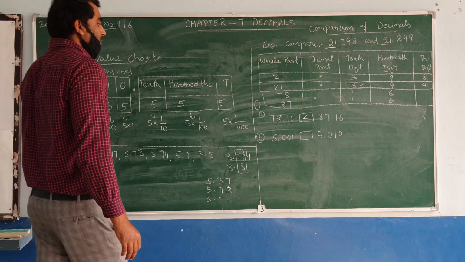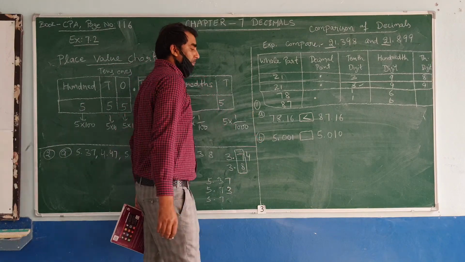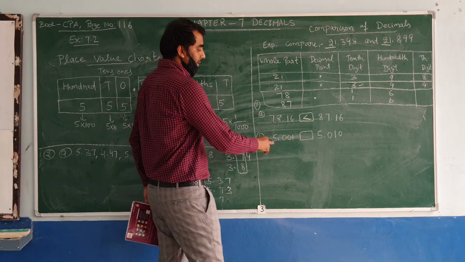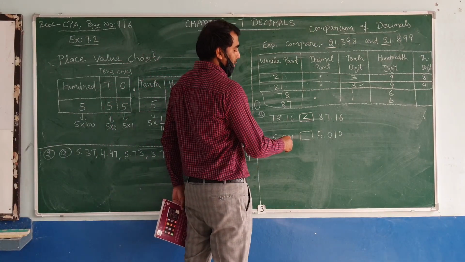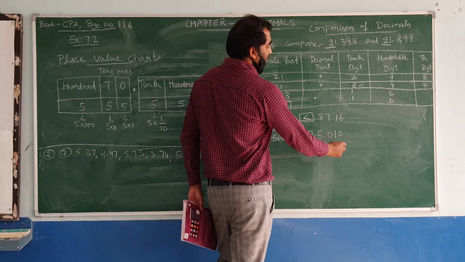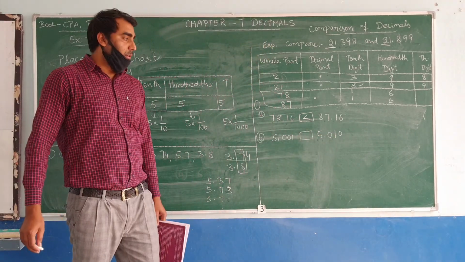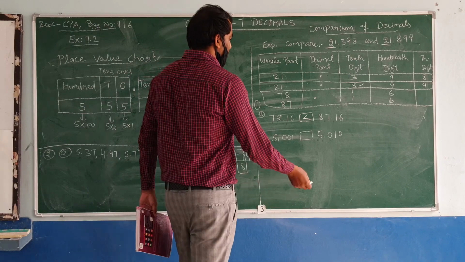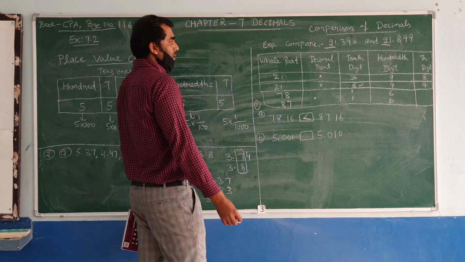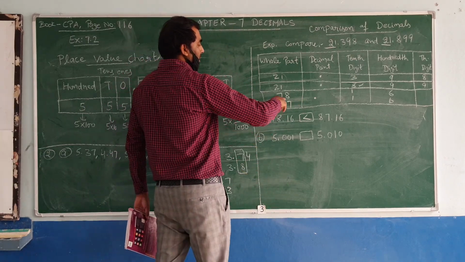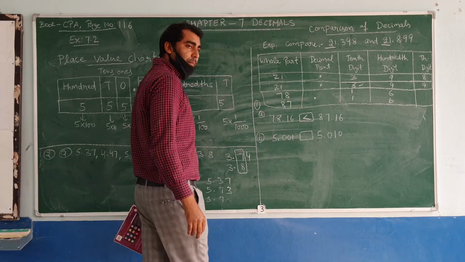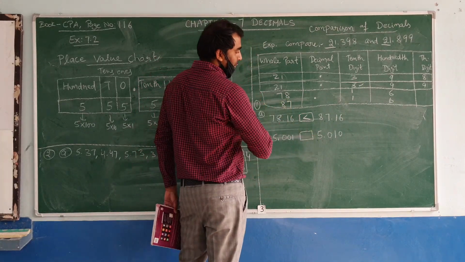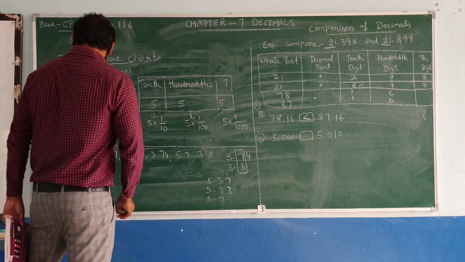So question number 1, B part, we will check 5.001 and 5.010. Okay, so we will check here. Firstly, here is 5 whole part, here is also 5 whole part.